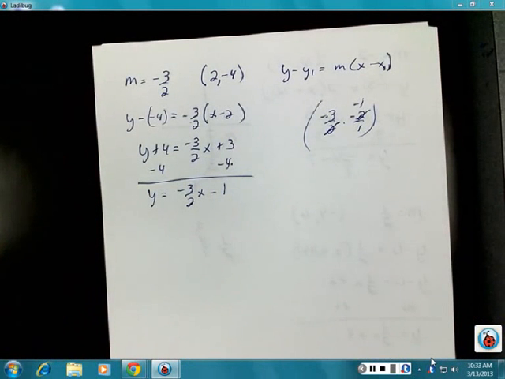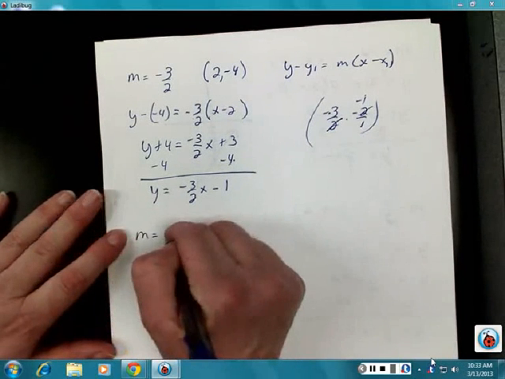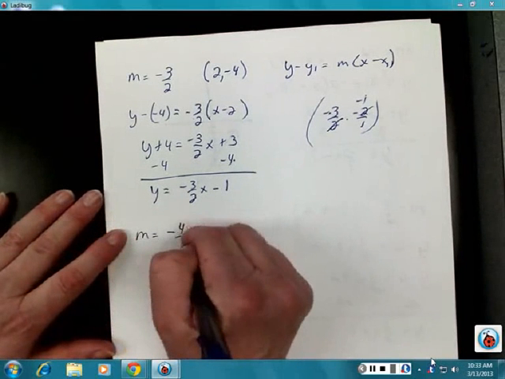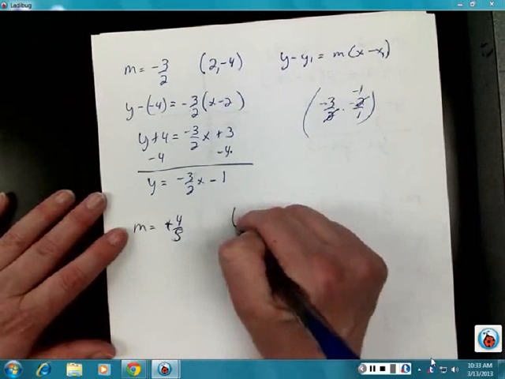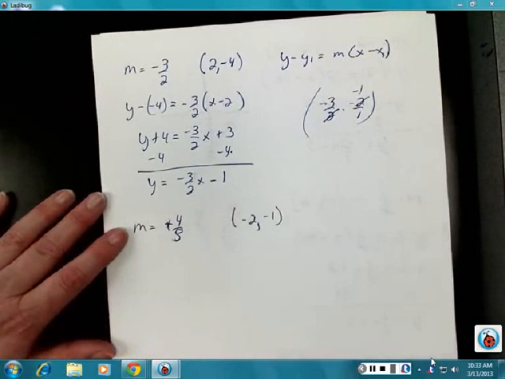Let me see. I think they give you, let's try this one. M is equal to a negative 4/5. We'll make it a positive 4/5. And they give you the point of a negative 2, negative 1.